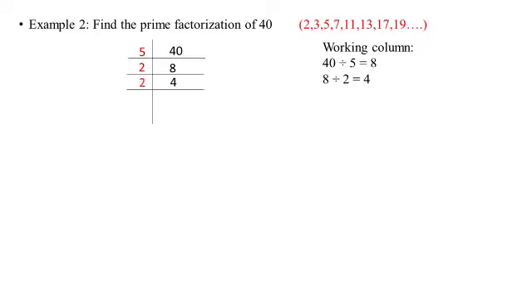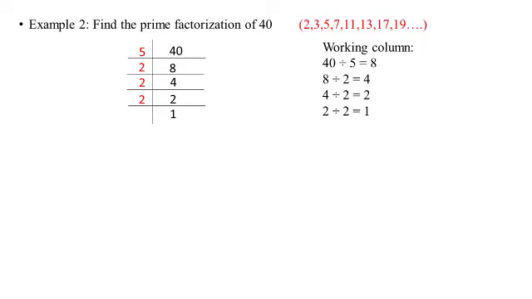We get 2. We write 2 below 4. Now here 2 is a prime number and we divide by 2 itself. So 2 divided by 2 gives 1. We write 1 below 2. Since we got 1, we stop dividing.